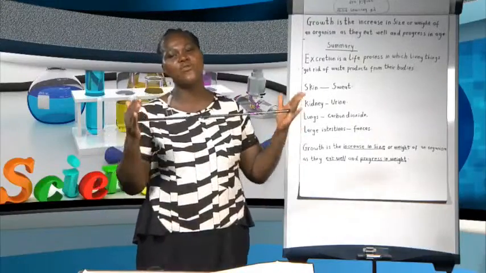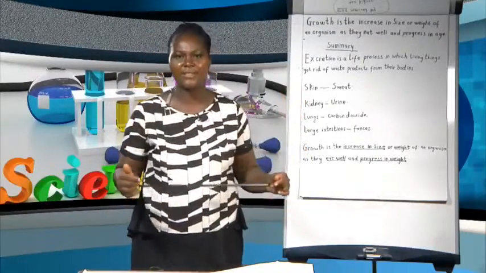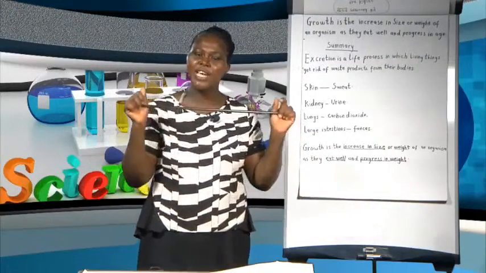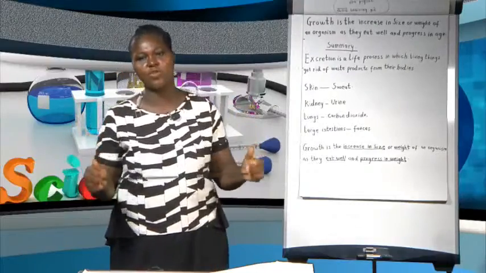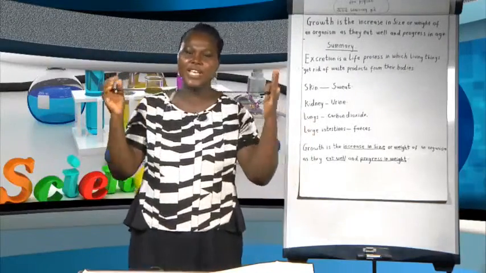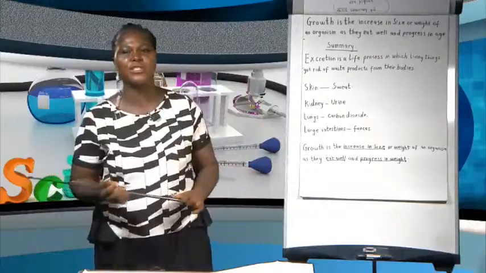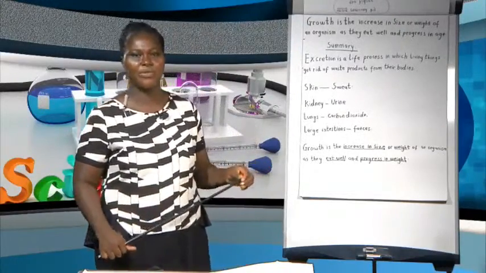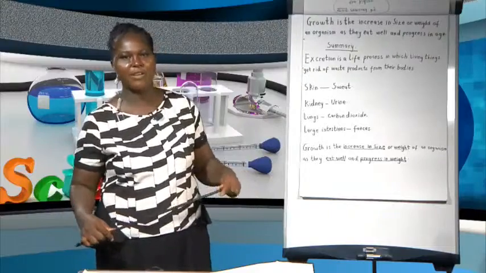When your mother gives you food, eat the food. When your parents give you money, buy good food and eat. And eat more fruits. It will help you grow very, very well.